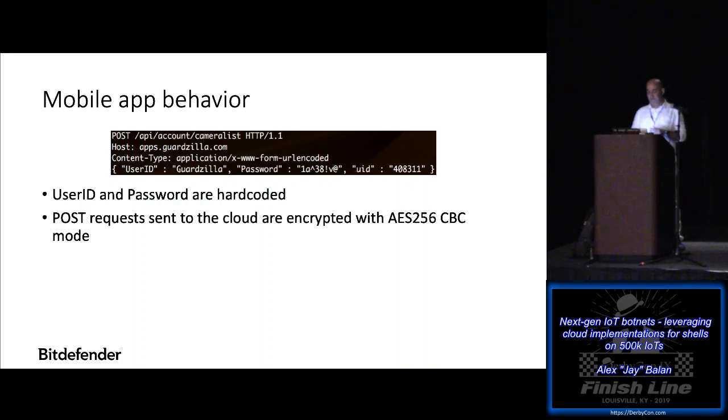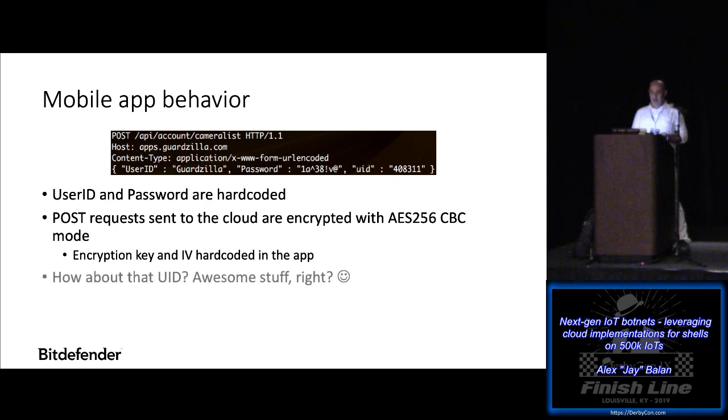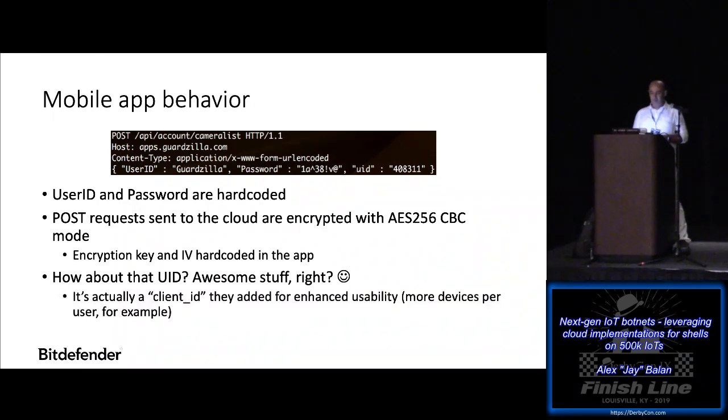Yeah, it's worth mentioning that the post requests are actually sent to the cloud encrypted with AES-256 CBC mode, but the encryption key and IV initialization vector are hard-coded in the app, so you can pull those, and you can use those to script the requests to the Guardzilla cloud, which is actually what we did. Yeah.